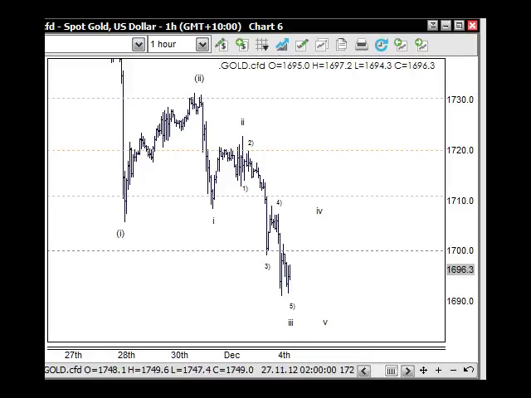The wave 4 can't come up that high, so we'll be holding that down into this area through here, and then wave 5 further down in through to this area through here, so it would look something like that. The silver will be exactly the same as well.